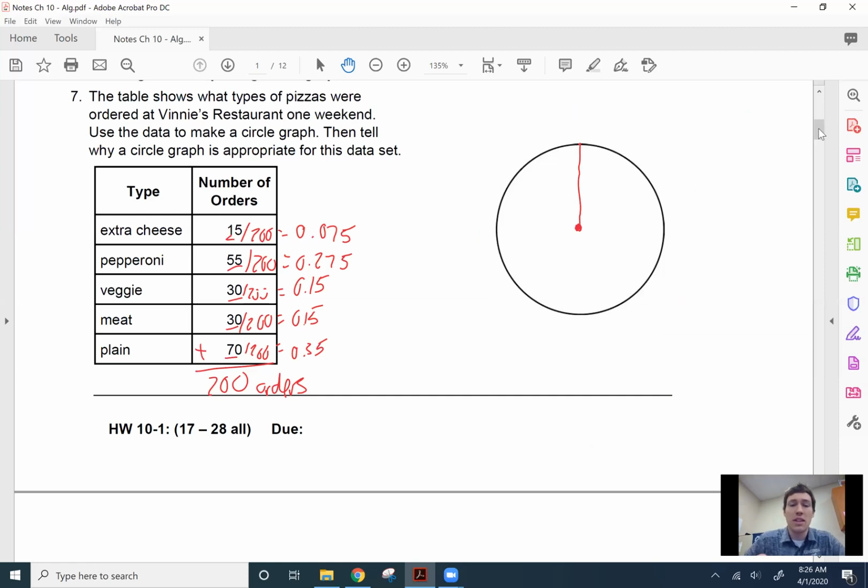That means that if I take 360, or take this number times 360, that tells me what percent of 360 degrees this is. So I take 360 times 0.075, and I get 27. So in other words, this should incorporate 27 degrees.